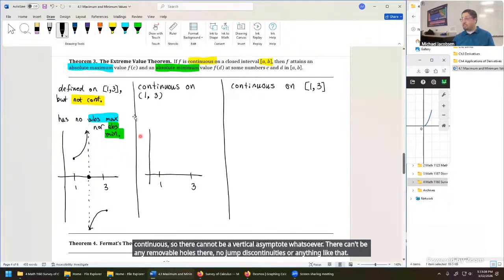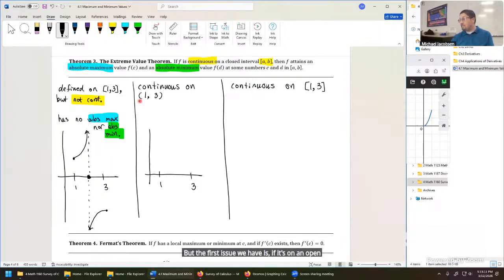But the first issue we have is if it's on an open set, then even if we make the curve go like this, it looks like there could be an absolute maximum or an absolute minimum, but that's not true because there's a hole right here on the boundary. There's a hole right here on the boundary on the upper end as well. So this gets higher and higher and higher, but you can't put in an f of 3, it's undefined.